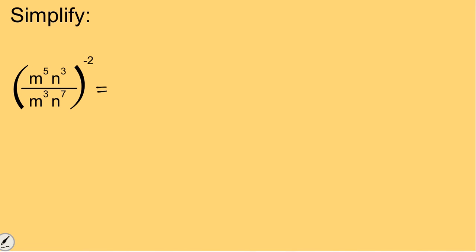So I'm going to simplify the m's first of all. 3 will cancel out. These 3 would be totally gone. 2 on the top left over. And then with the n's, 3 are going to cancel. 4 are left over on the bottom.